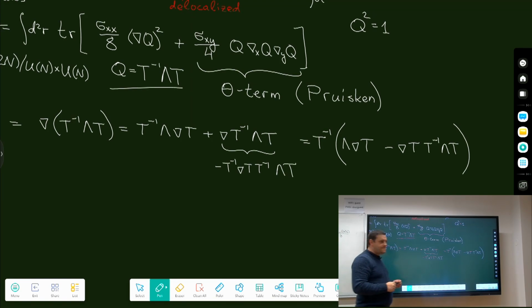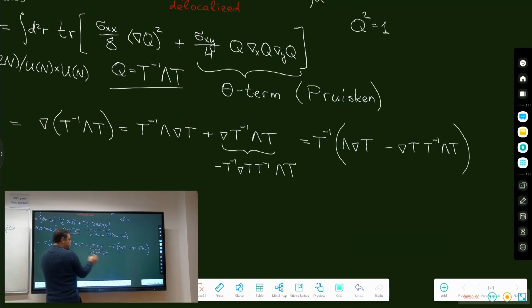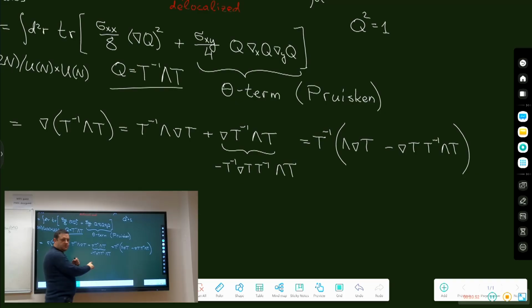T inverse is outside the bracket. So this is the first term, and T inverse times this is the second term.